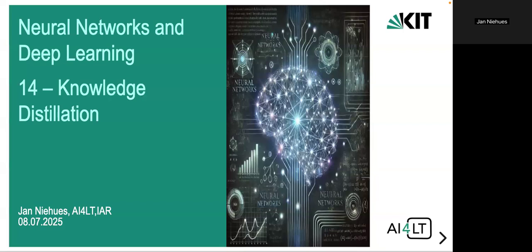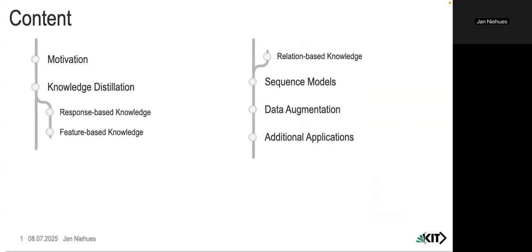So with this, let's have a look into how knowledge distillation works. What we're planning to do today is start with the motivation: why are we talking about this? That will be covered in all of this week. Today we'll do knowledge distillation, and on Wednesday we will do quantization, where it's all about making models smaller.